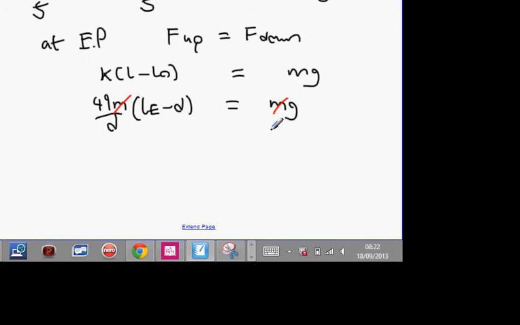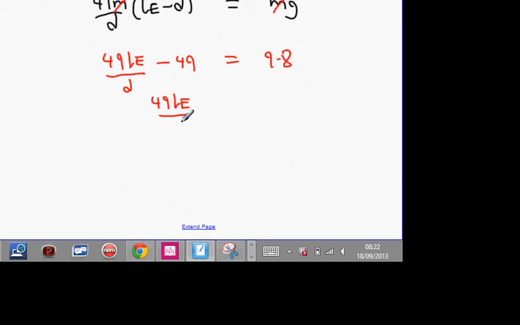We can also multiply in, so we get 49 LE divided by d equals, the two d's will cancel and you'll just get a minus 49. g on its own is 9.8. Then you get 49 LE divided by d equals 9.8 plus 49, which is 58.8.